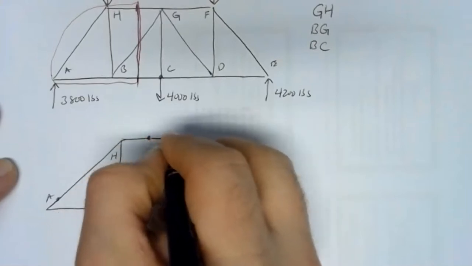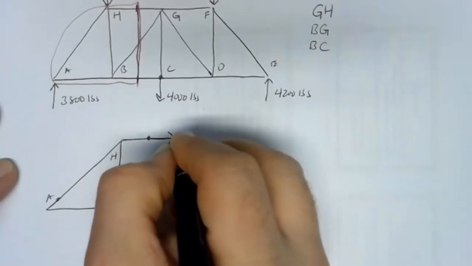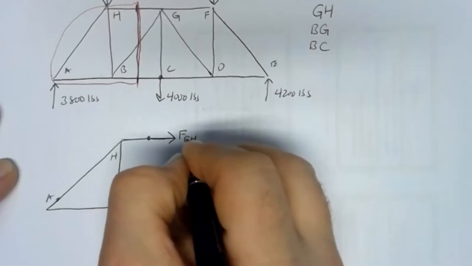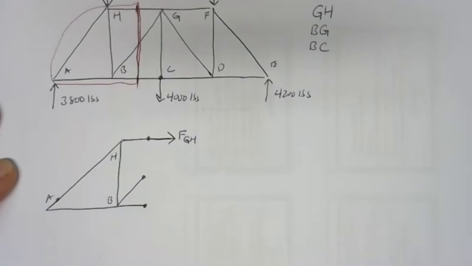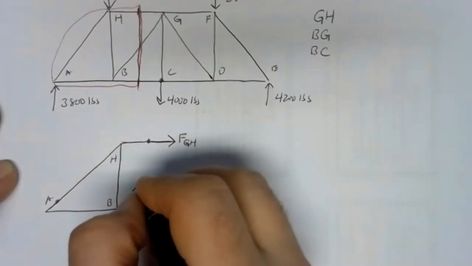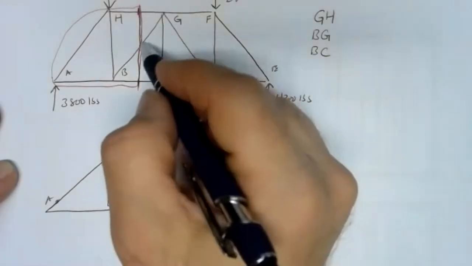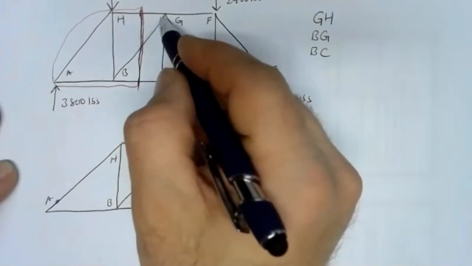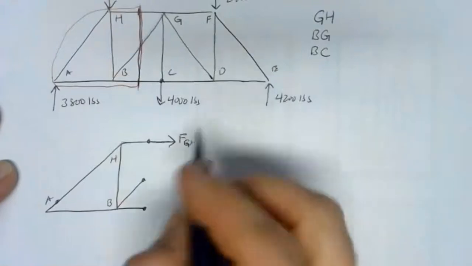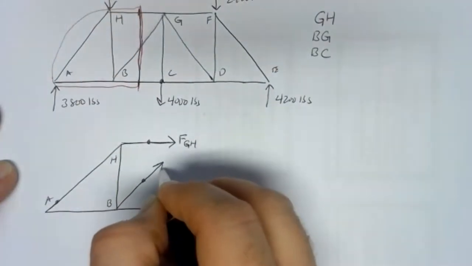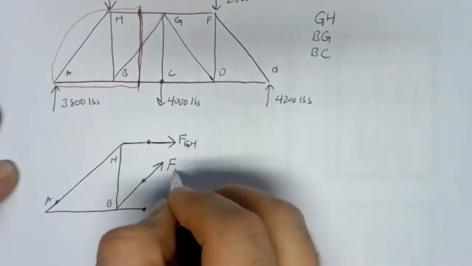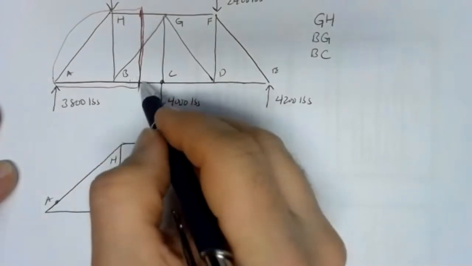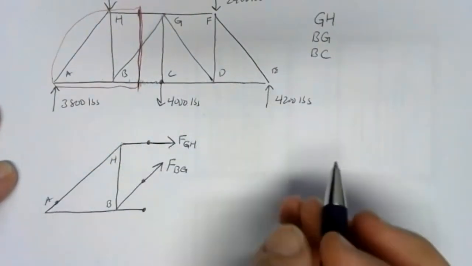We're just going to call that schematically FGH, the force carried by member GH. Down here where we cut through member BG, we had to get rid of the piece outside the system boundary, and we can do that by replacing it with the force it supplies. There's the force it supplies, and we'll call that FBG. Then down here, we cut away the right-hand side of member BC.